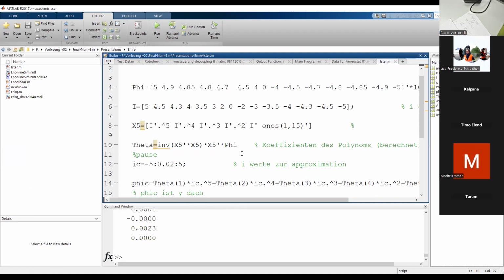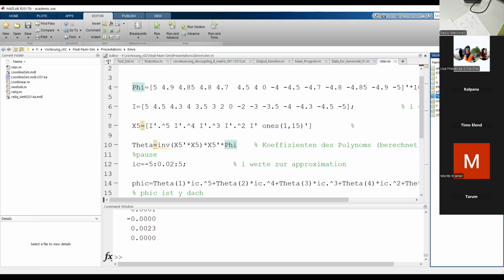If I put here a semicolon, I don't see the result in the command window, but they are nevertheless in the kernel. We can see data here. Do you see data here on the right in the workspace? But you don't see it in the command window if I put a semicolon.